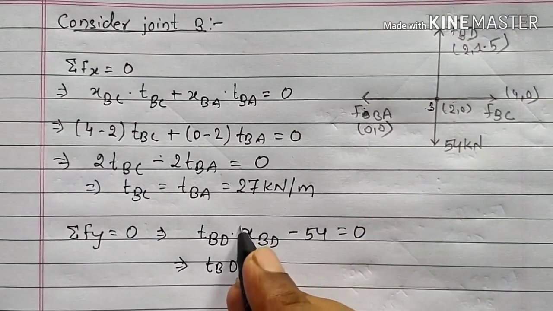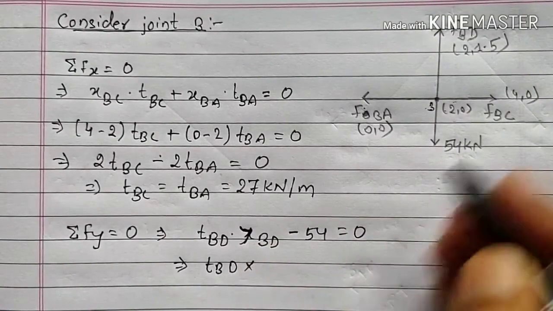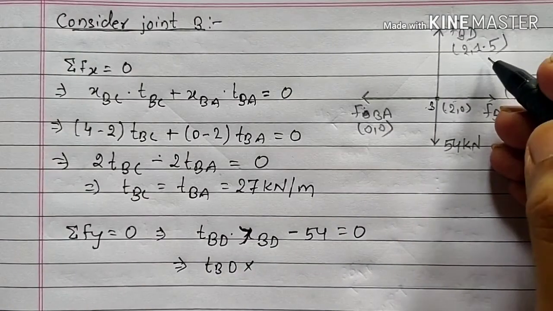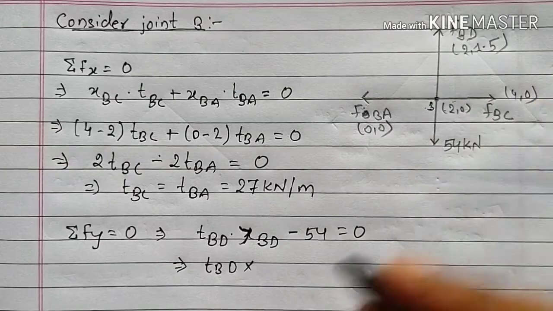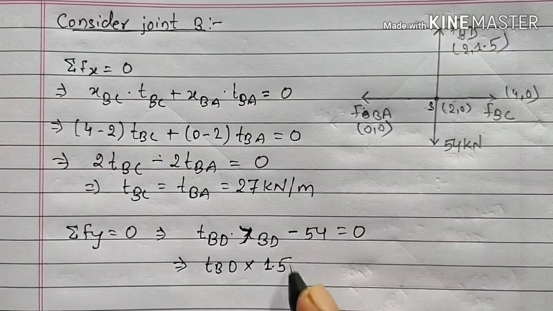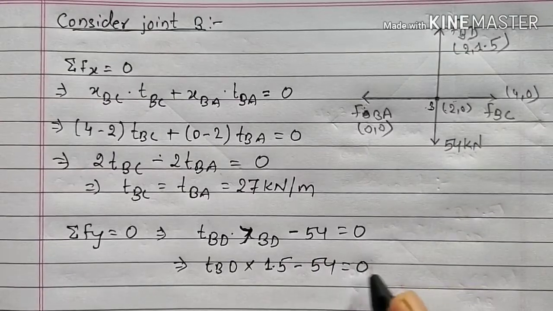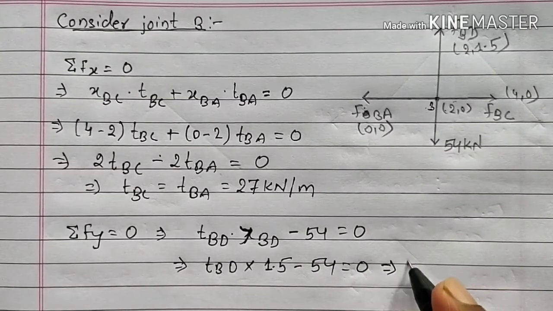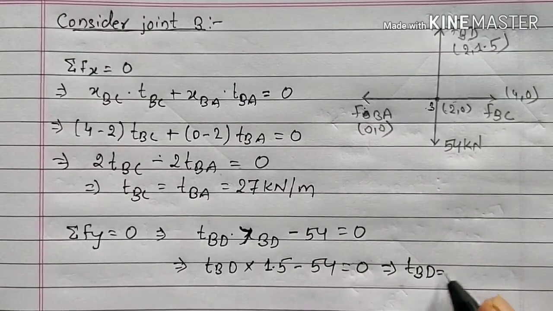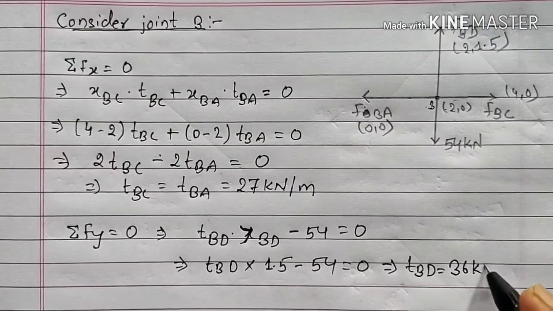YBD, this is our YBD, so difference in y, so 1.5 minus 0 will be equals to 1.5, minus 54 equals to 0, and here we will have TBD equals to 36 kilonewton per meter.